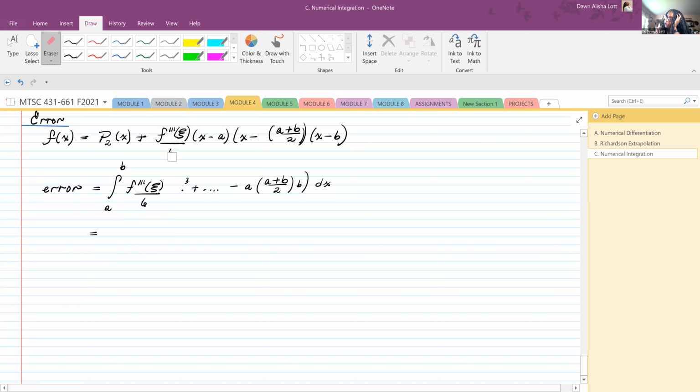I'm going to write the whole thing: x minus a times x minus a plus b over 2 times x minus b dx. I keep saying plus, I mean I'm adding these terms on to the expression, but I'm multiplying them. And so this ends up being something of order b minus a to the 4th power, so it's O of h to the 4th.